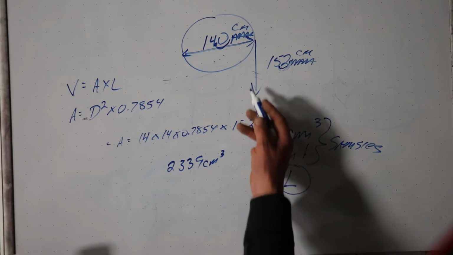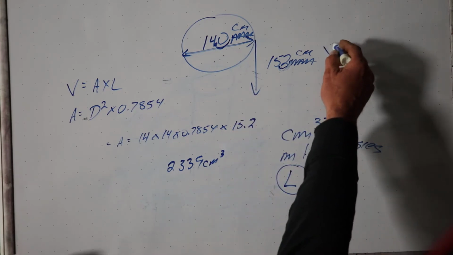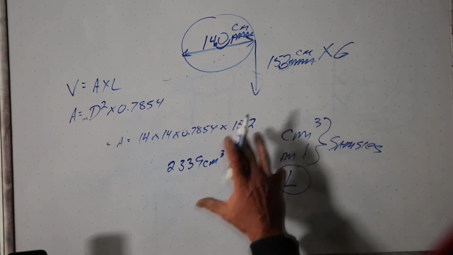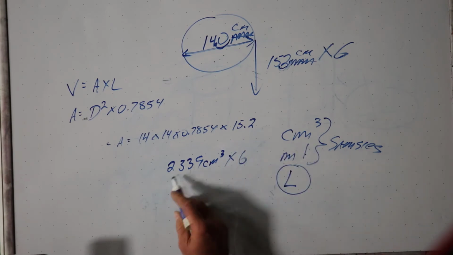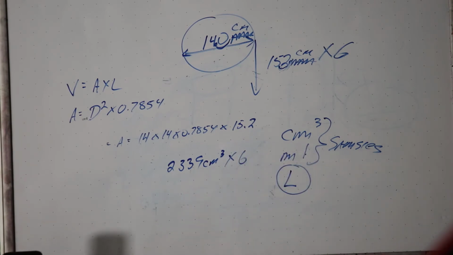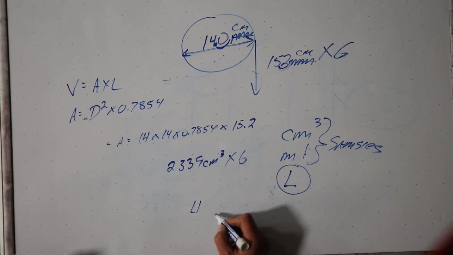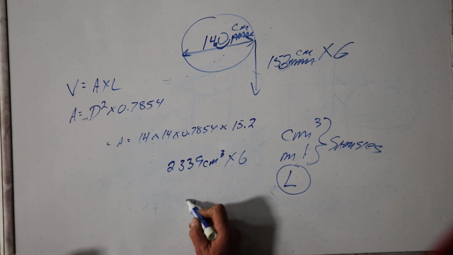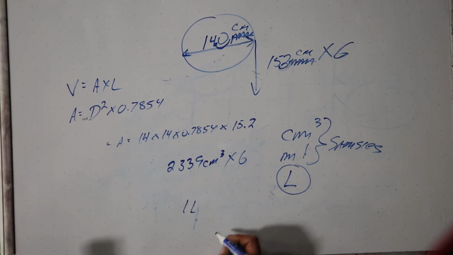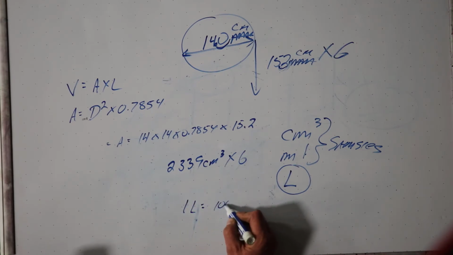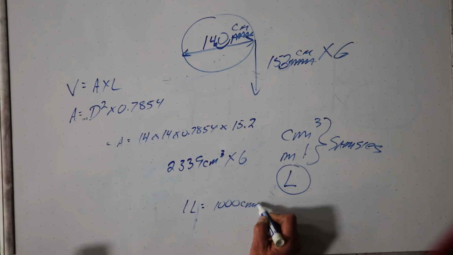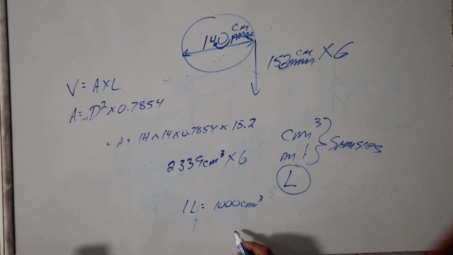Now we have a thing. If this is also a 6-cylinder engine, we take this and times it by 6. We end up with another big number. Myself, I like to keep the numbers small. For 1 liter, 1 liter equals 1,000 centimeters cubed, or 1,000 milliliters.